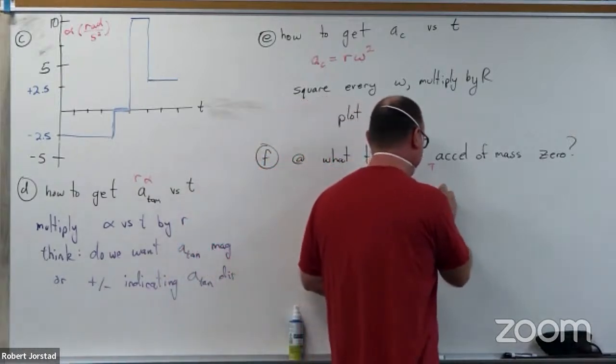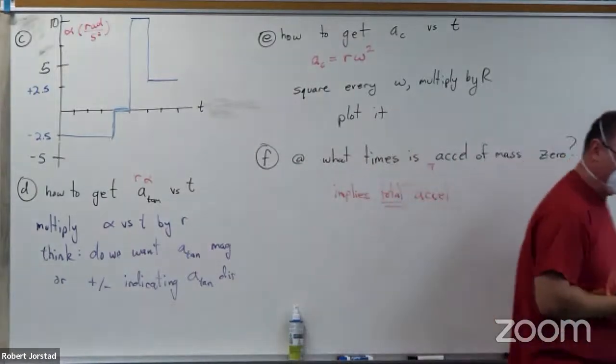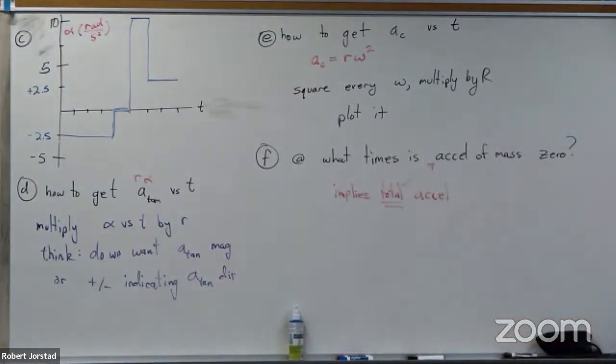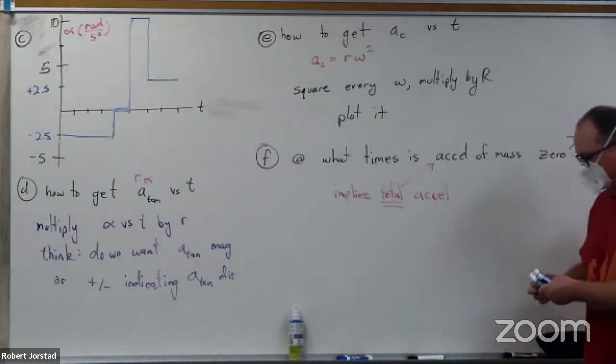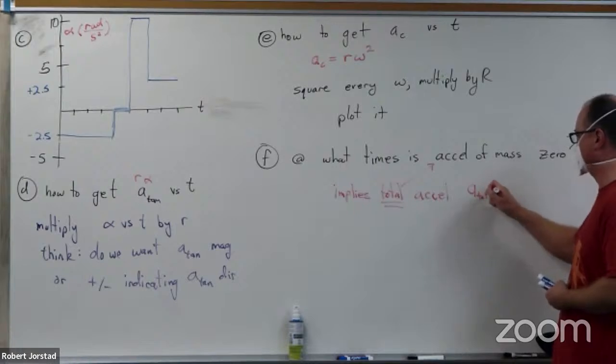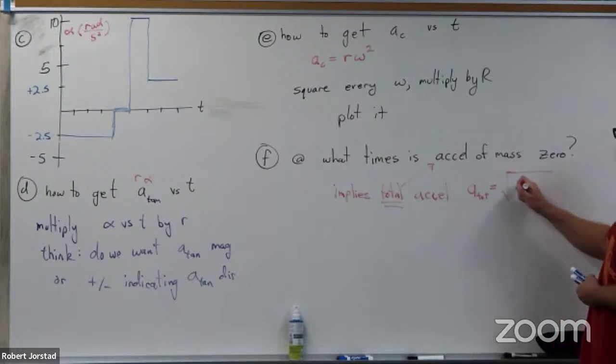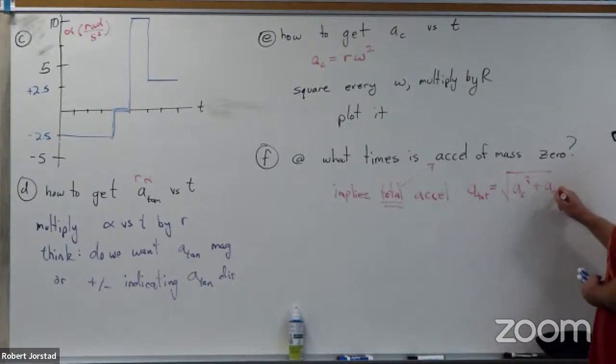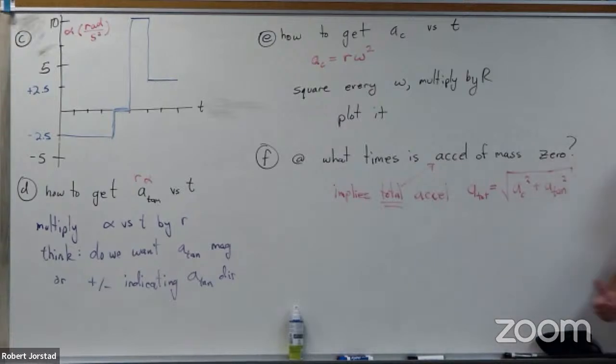As written, that question says acceleration. I'm not talking alpha, I'm not talking A tan, I'm not talking AC. I mean A total equals the square root of AC squared plus A tan squared. Okay? So that's what you're supposed to figure out.